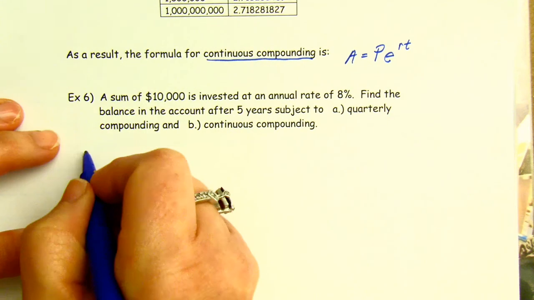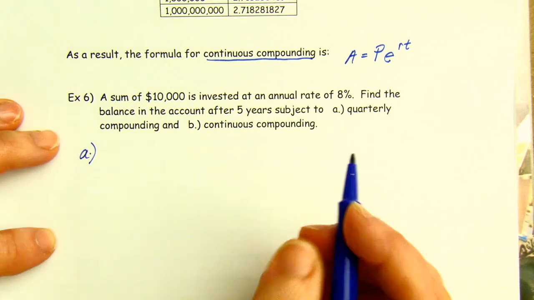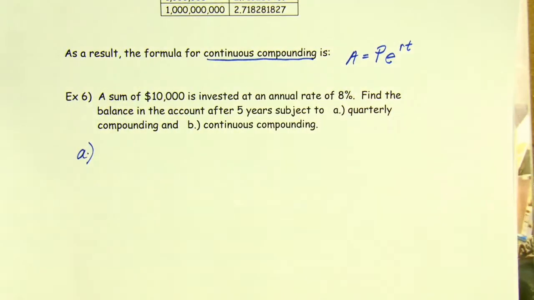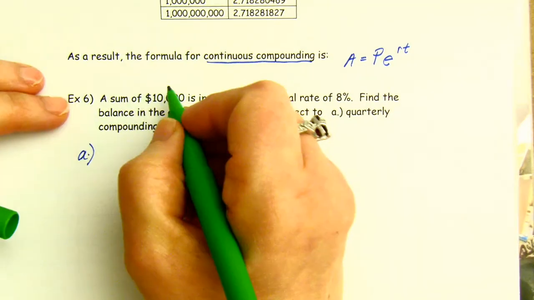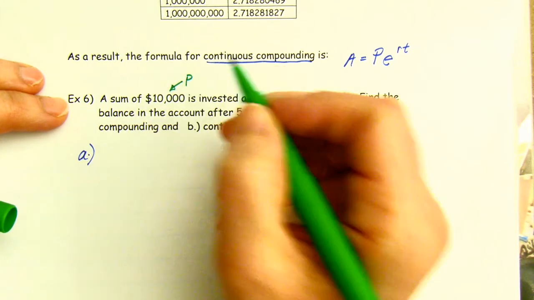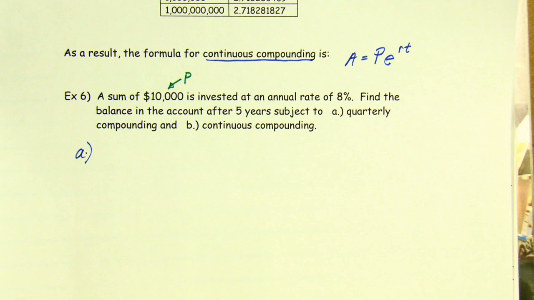So part 1 is quarterly compounding. All right, let's identify what we have here. $10,000 is not A. That's my P. That's the principal amount that's being invested. Remember, it's asking us to find the balance, which means we're solving for A.